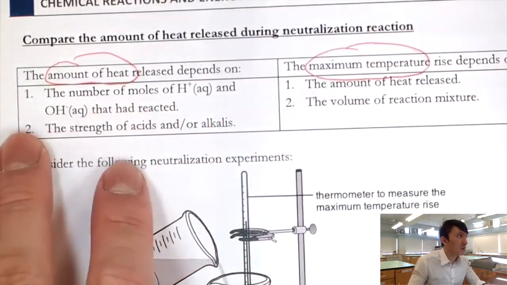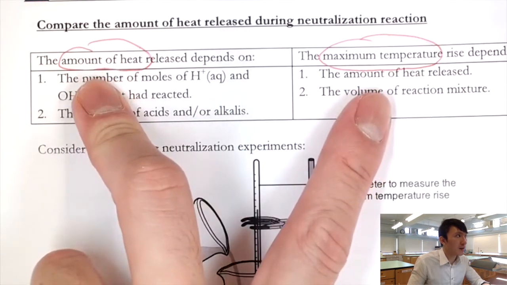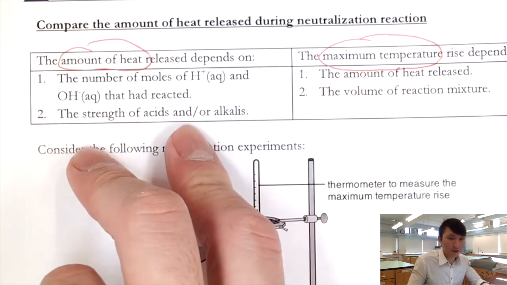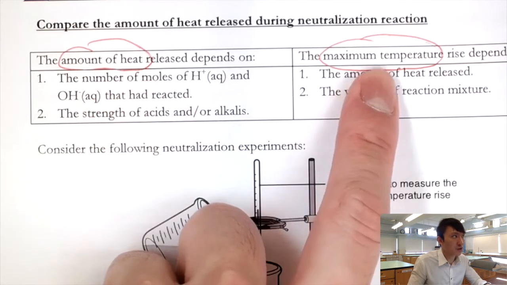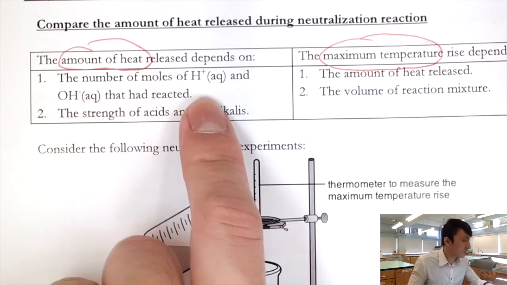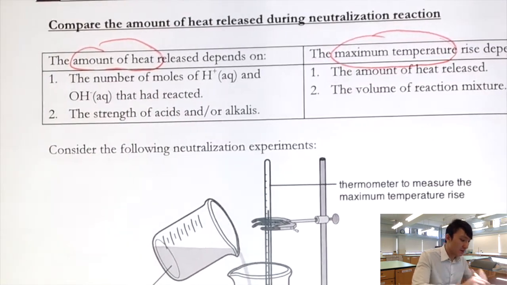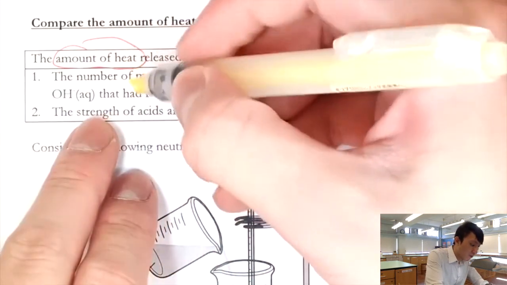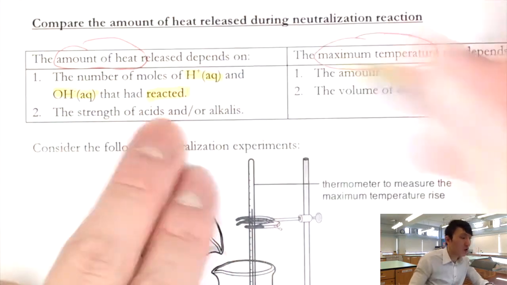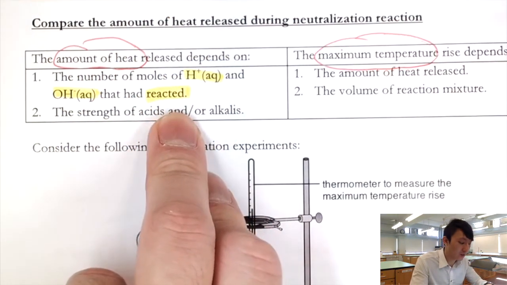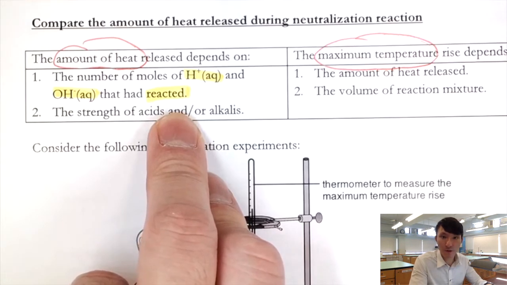Now for these two, there are different factors affecting the amount of heat and also the maximum temperature. For the amount of heat, of course we are looking at the actual number of mole of H+ and OH- that has actually reacted. Or in other words, the number of mole of water formed, right?